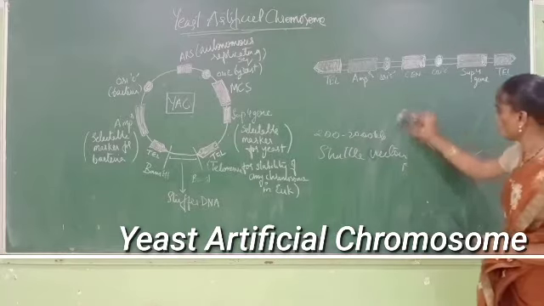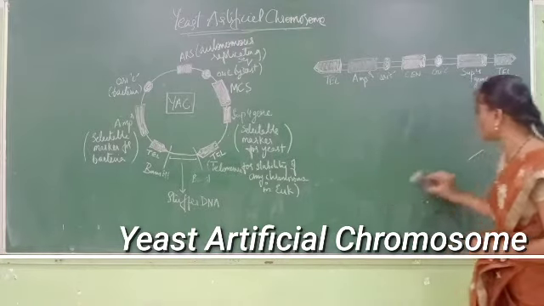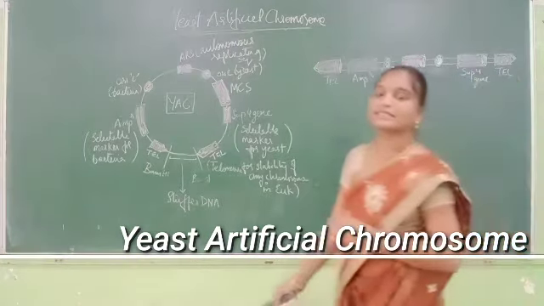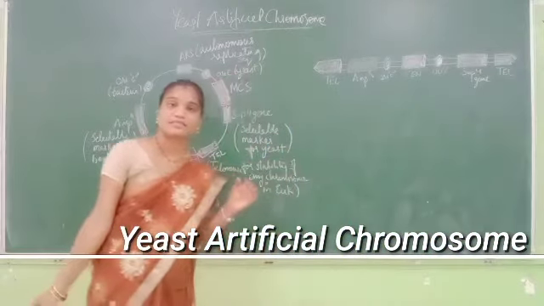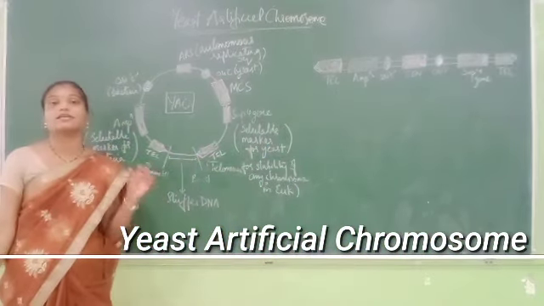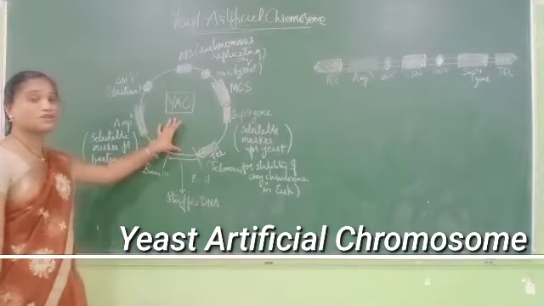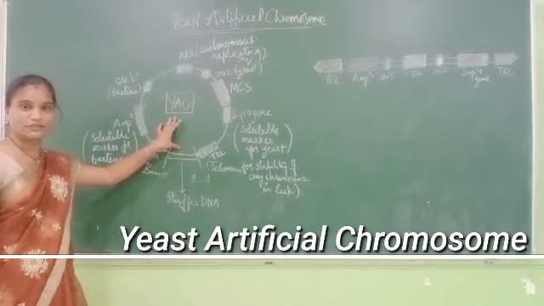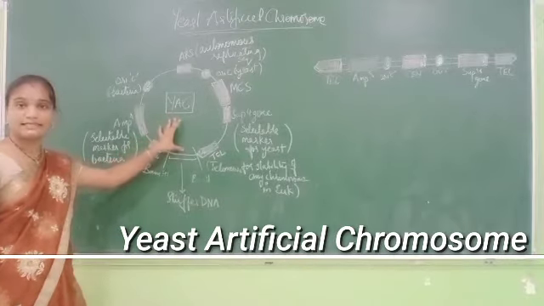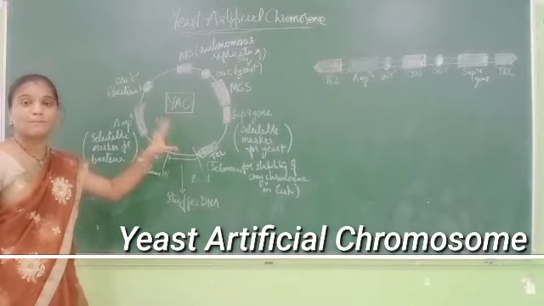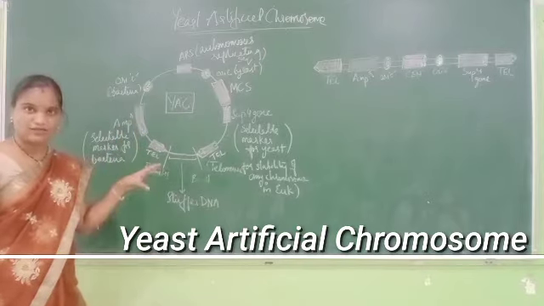Now coming to the features, how YAC is designed and how the vector is constructed, we will discuss in this session. This is your YAC, yeast artificial chromosome. As I said earlier, it has some properties similar to shuttle vectors.